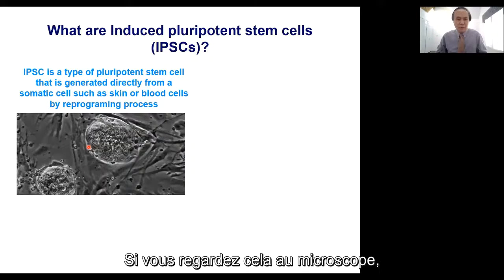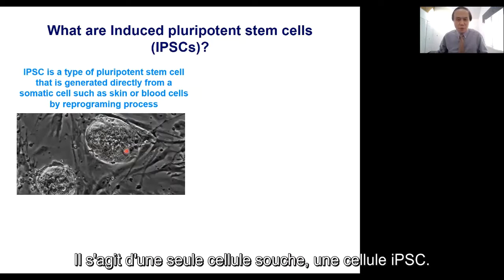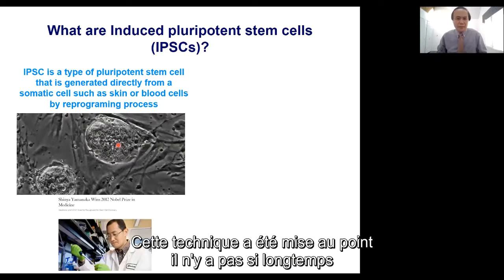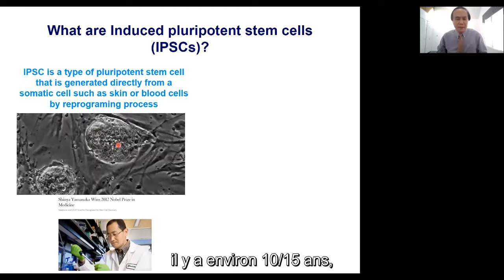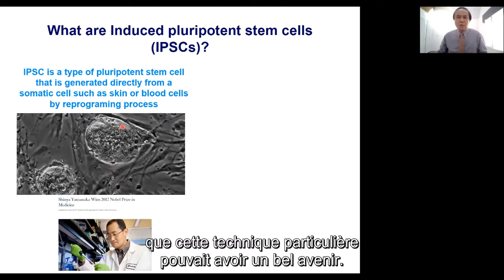If you look under the microscope, you can see the cells look like this; this is one single iPSC. This technique was developed not too long ago, about 10 to 15 years ago, and in 2012 it was awarded a Nobel Prize in medicine, because people saw a bright future for this technique.